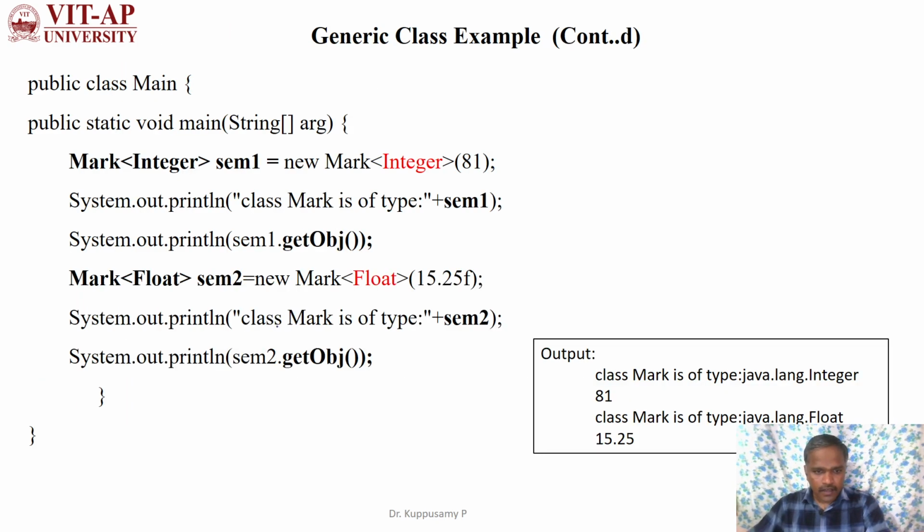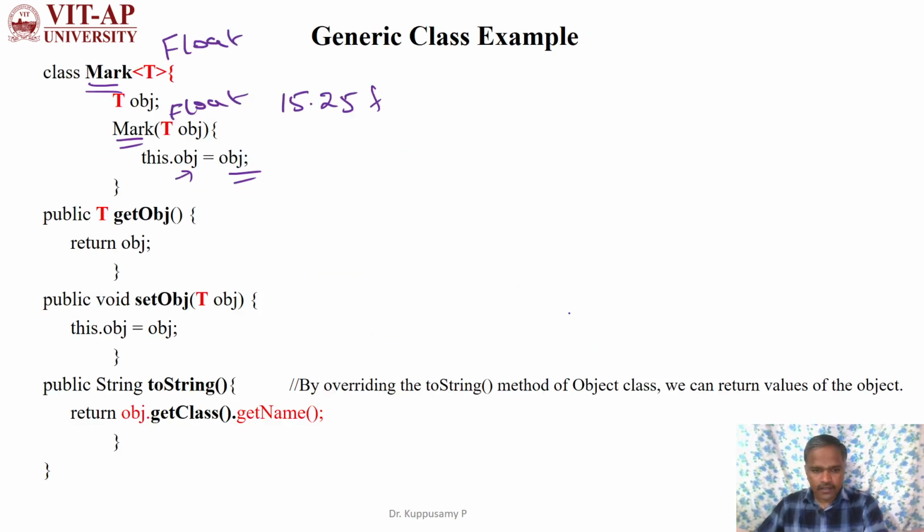After that I am printing the object value. If you call the object, the toString method automatically executes. The toString method is receiving the object's getClass name. The class name is Mark, and the object's class name is Float, so the data type is Float.